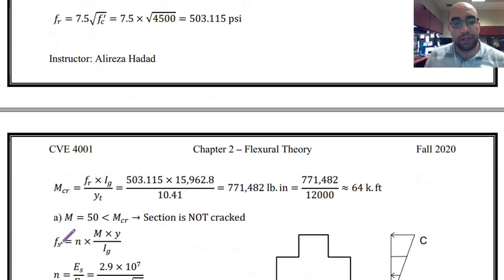So that is tensile strength, and now I can return it to this equation, calculating the ratio. The final value will be in terms of pound and inch. Pay attention to the units. fr was in psi, Ig or moment of inertia was inch to the power 4, yt was inch. So calculating this, the units will be pound inch.